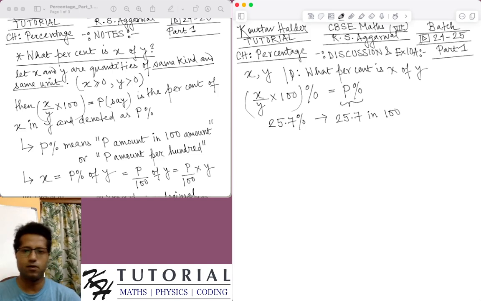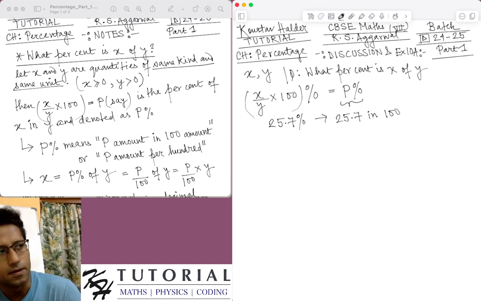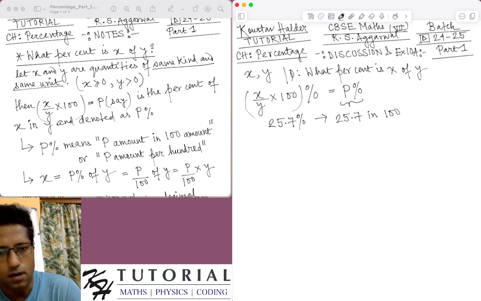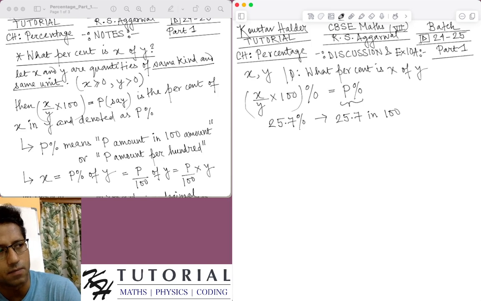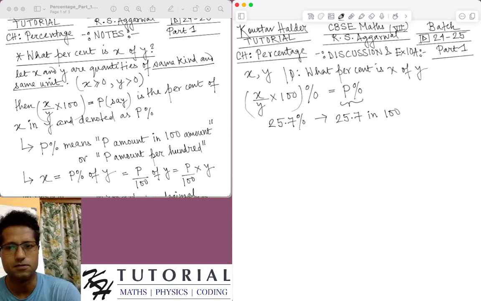When we say 25.7 percentage, it gives a measure of some quantity x with respect to some other quantity y, but we do not know the actual values of x and y. We just know that if y is 100, then x will be 25.7. That is all this percentage means.